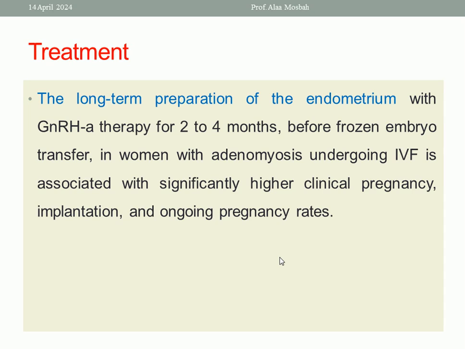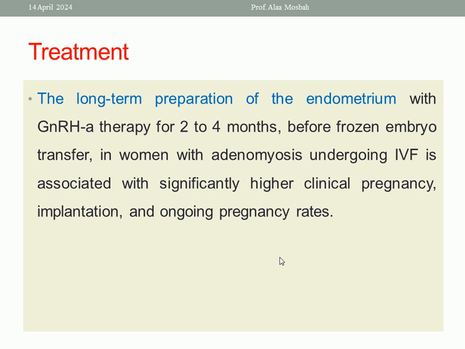Okay, what else? The long-term preparation of endometrium with GnRH therapy for 2 to 4 months before frozen embryo transfer in women with adenomyosis undergoing IVF is associated with significantly higher clinical pregnancy, implantation, and ongoing pregnancy rates.